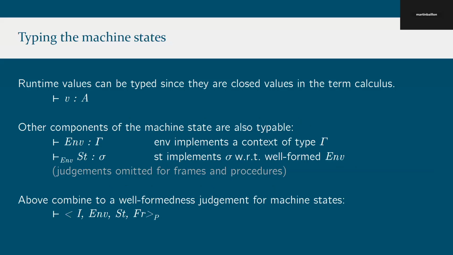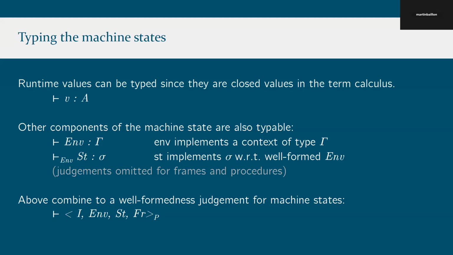And since the environments and stacks are just lists of runtime values, there's no reason they cannot be typed. We can also type them with certain judgments, maybe saying that an environment implements a context of type gamma, and a stack implements an abstract stack sigma with respect to some environment.